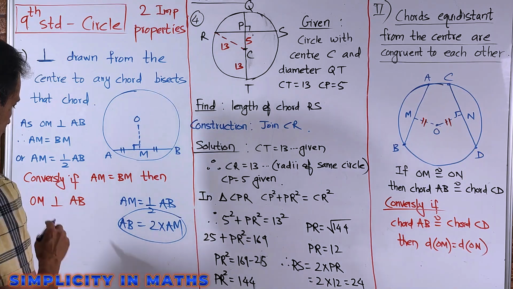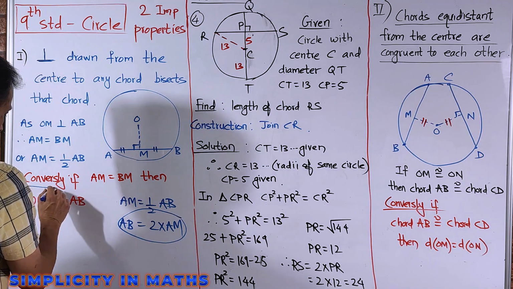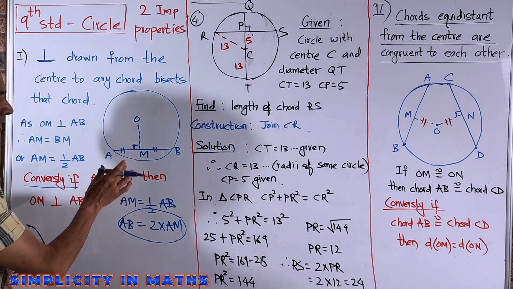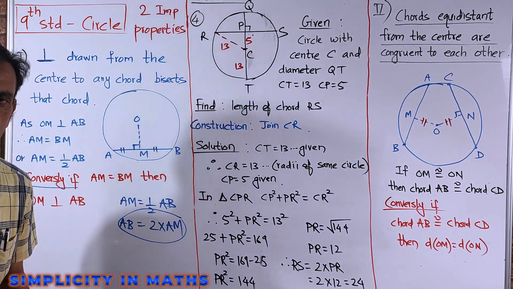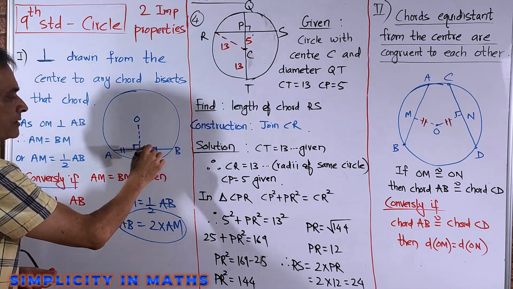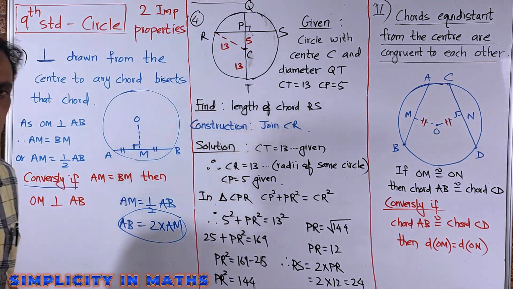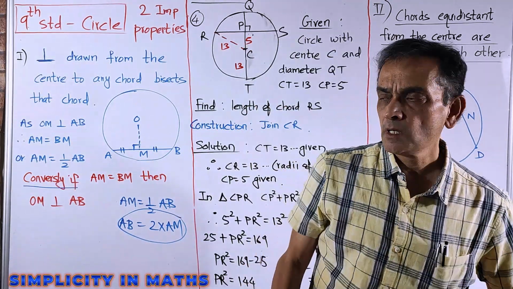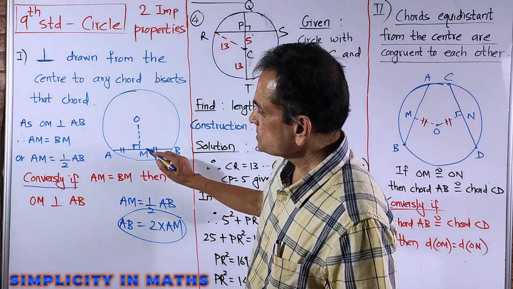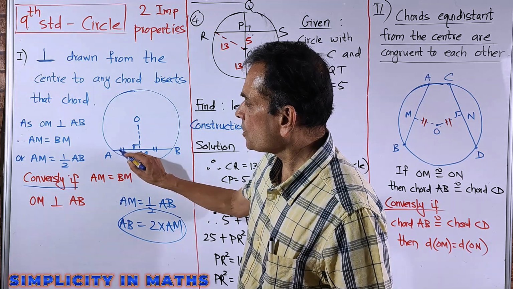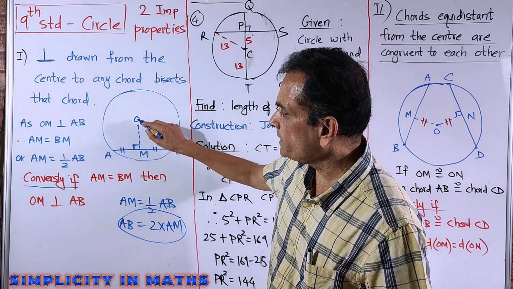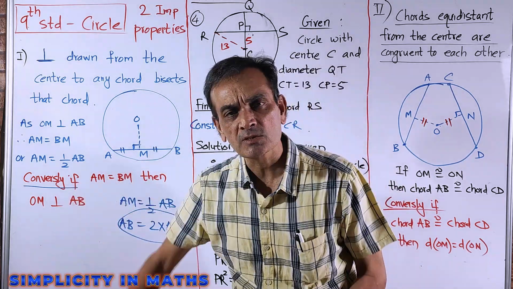अभी यहाँ पे क्या लिखा है देखो. Conversely, if you take the converse of this theorem, AM equal to BM लिया, then OM will be perpendicular to AB. In certain problems, you might be given AM equal to BM. So if M is the midpoint of the chord, then the line joining the center to the midpoint is perpendicular to the chord. इसलिए इसको converse बोला है.